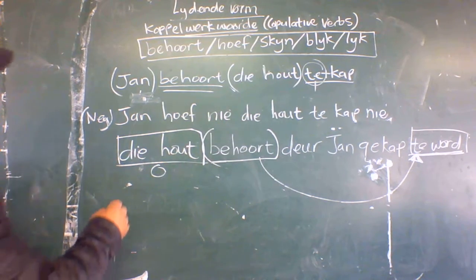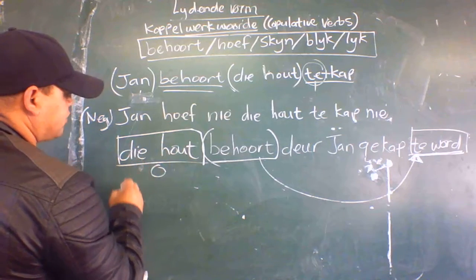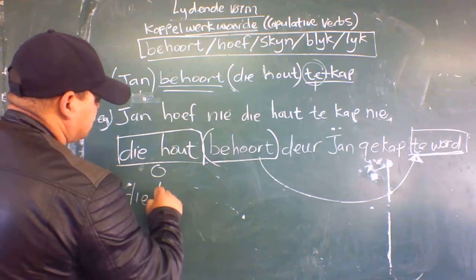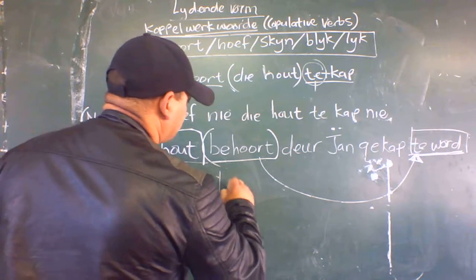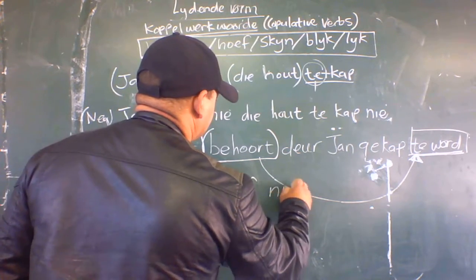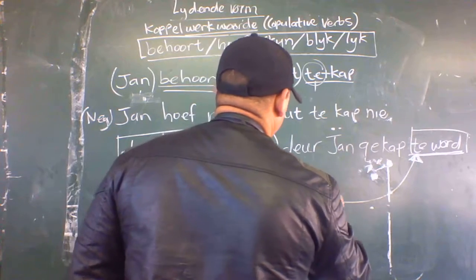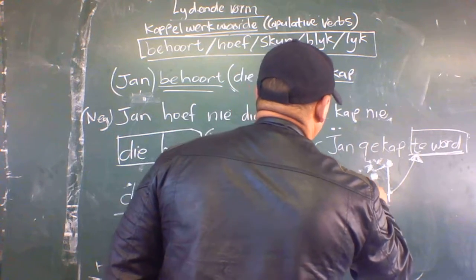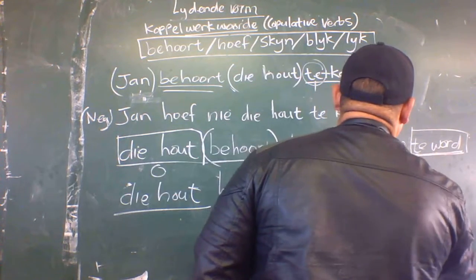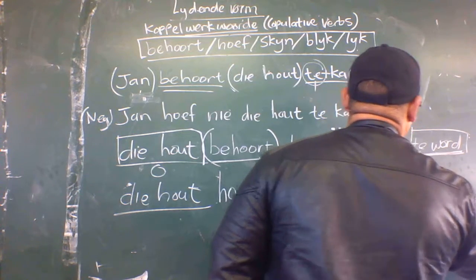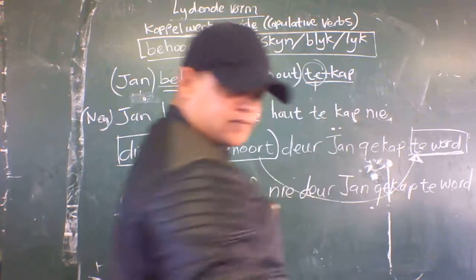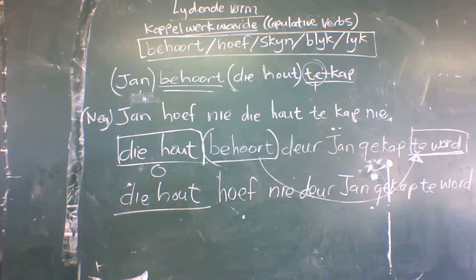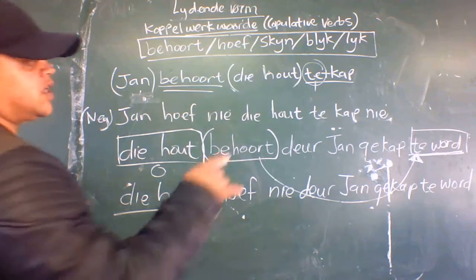Right? Then remember, it is leidende vorm, die hout. We have to start with our object, die hout. Right? Hoeft niet deur Jan gekap te worden. Die hout hoeft niet deur Jan gekap te worden.